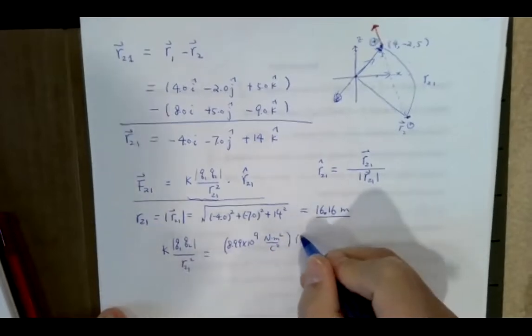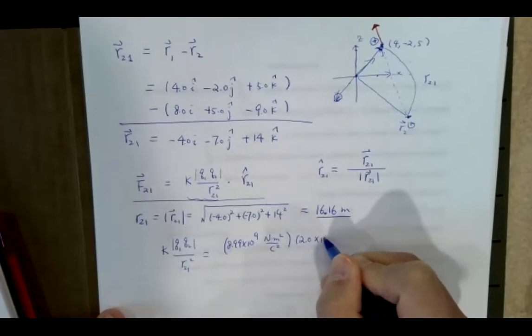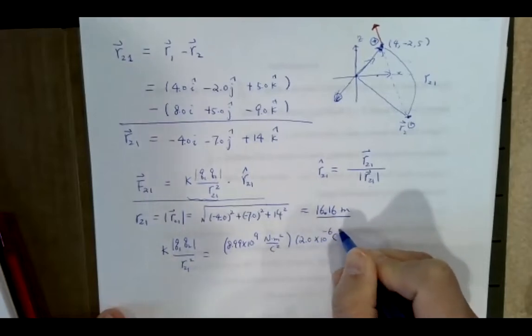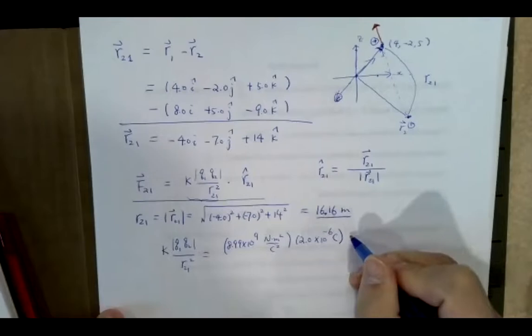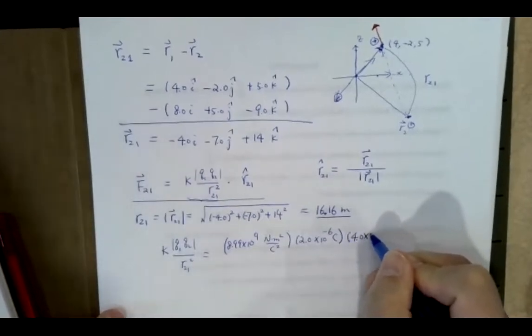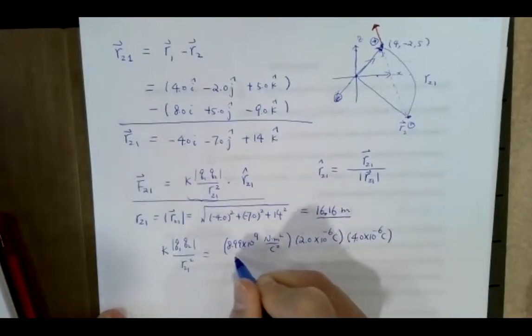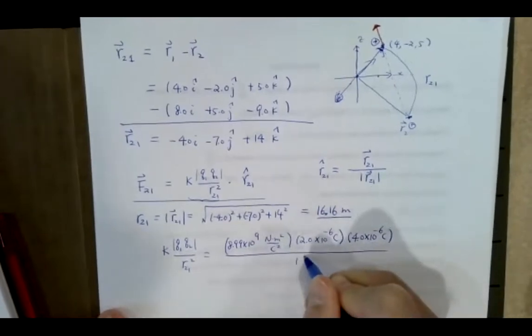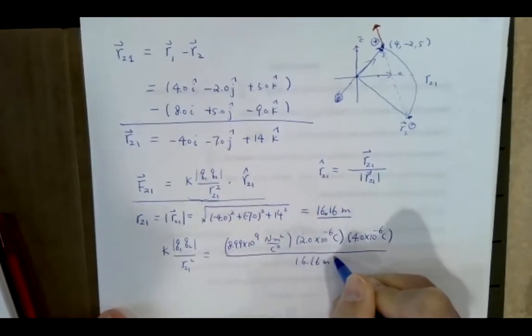Q1, Q2, they are both positive, so you can just take the positive numbers in micro coulombs. Micro means 10 to the minus 6. Over 16.16 meters squared.